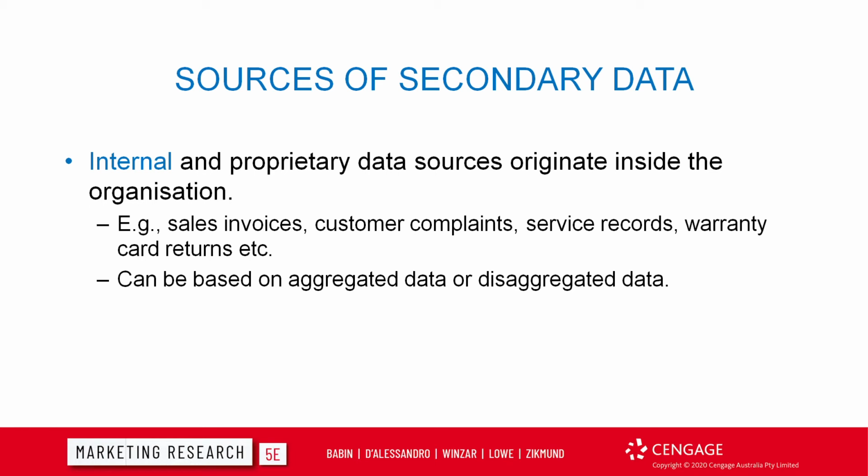The sources and examples of internal sources of data could be the sales invoices, customer complaints, service records, warranty card returns, etc. These internal sources of secondary data can be based on aggregated data where all information can be found in one place or in one protocol or document, or it can be disaggregated, meaning that the researcher himself must request the needed piece of information from the different parts within the organization.